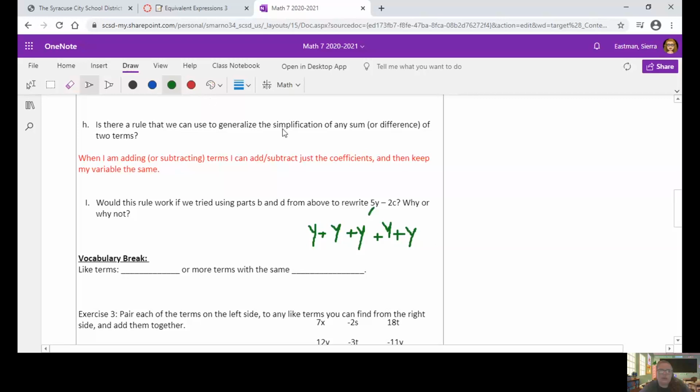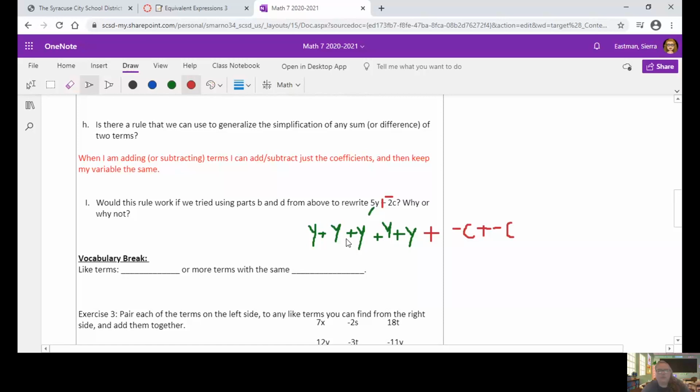And then if I take that part C that we did, even though I am using my leave, change to turn this to addition, I would still have that negative 2c there. Okay, so I'm adding, but then my c's that I put on should be negative. So what do we notice about these? If I have 5 y's and 2 negative c's, can I put those together?